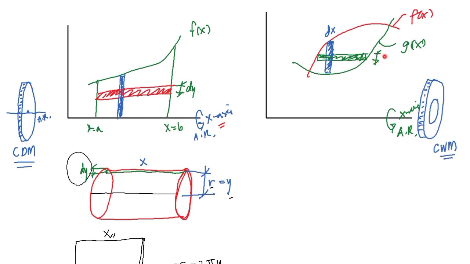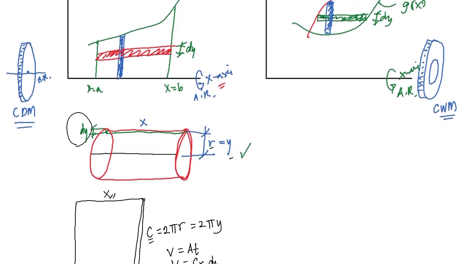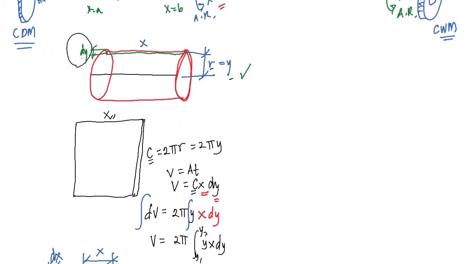That would be the dy, right? And ang mangyayari ay makakabuo ka rin nitong figure na to. Now, kapag ito yung scenario kanina, we have here the volume is equal to 2 pi integral from y sub 1 up to y sub 2 of y x dy.